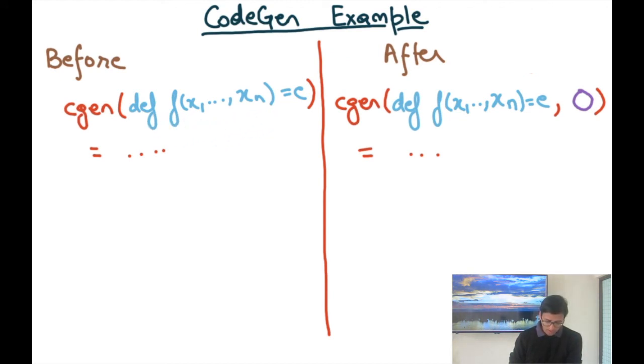Earlier we were saying cgen def f, so we would say cgen and then the expression, and the expression could have been a function definition. Now anytime you do a cgen for a function definition, you start with offset 0 for that function while computing the body of that function. So the value of nt will be initialized to 0 at every function definition in the abstract syntax tree.